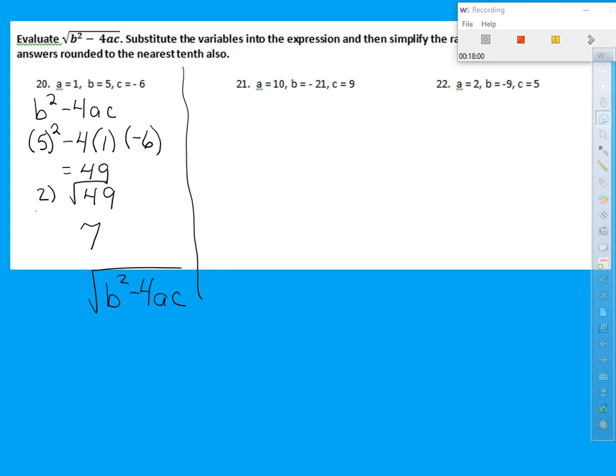Here's my number 21. Once again, we're going to take b squared minus 4ac. My b value is negative 21. So put that in parentheses and square it. Minus 4 times 10 times 9. If you don't put that negative 21 in parentheses, you get something like negative 801, something way wrong.